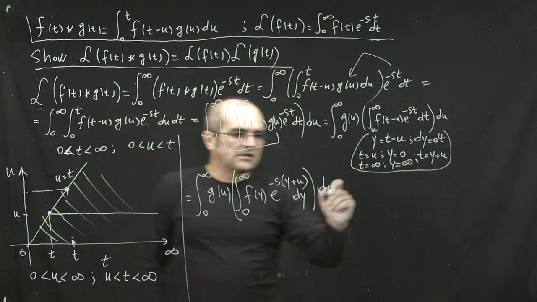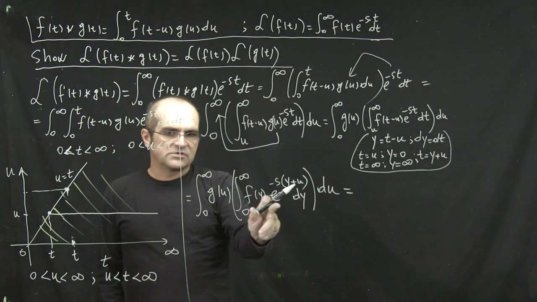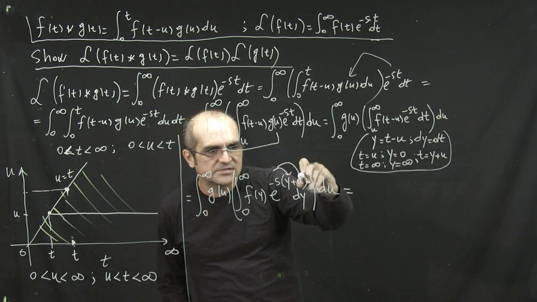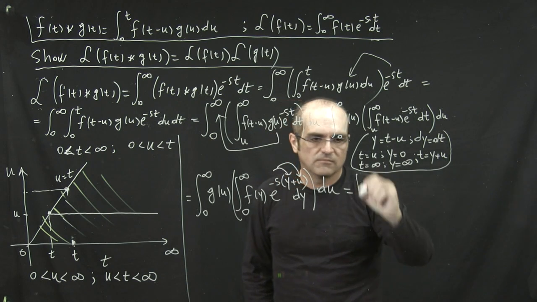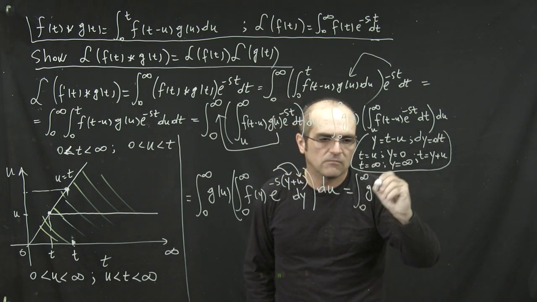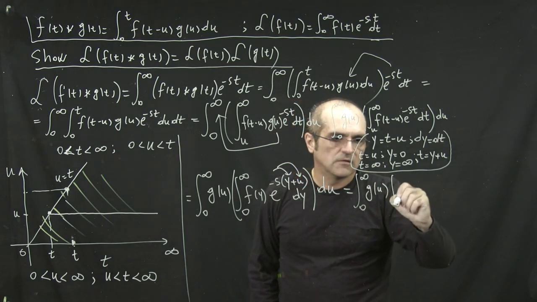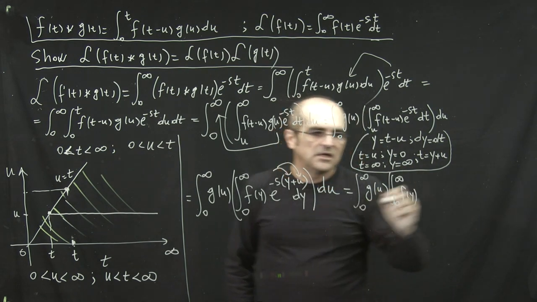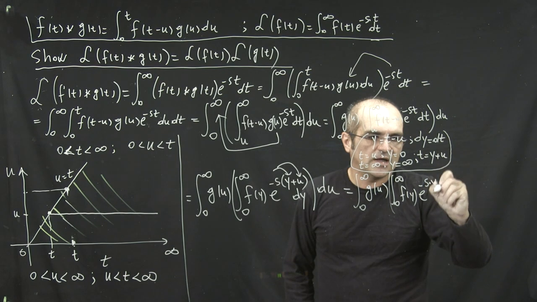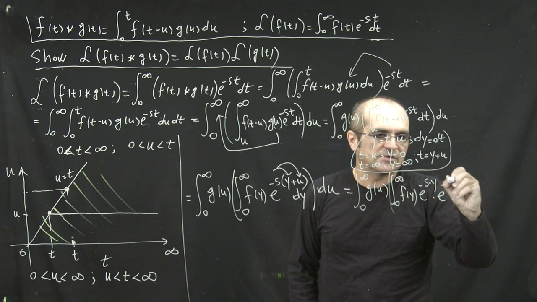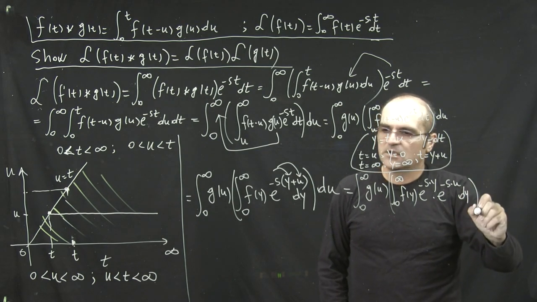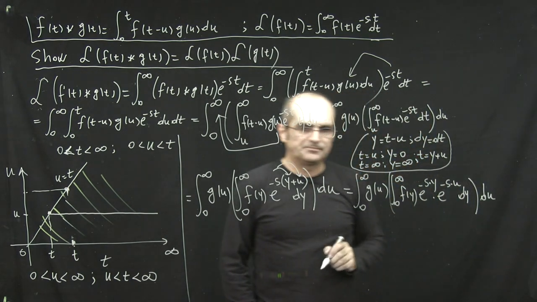One more little trick before we come closer to the conclusion. Let's distribute the minus s over this exponent. And we have f of y e to the minus sy times e to the minus su dy, and then the outermost integral with du.